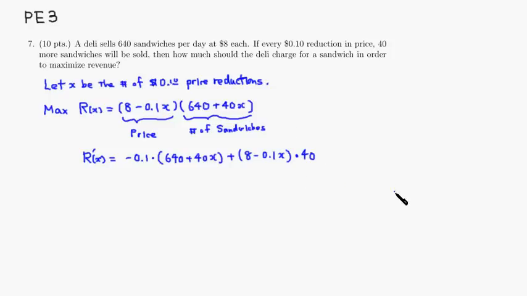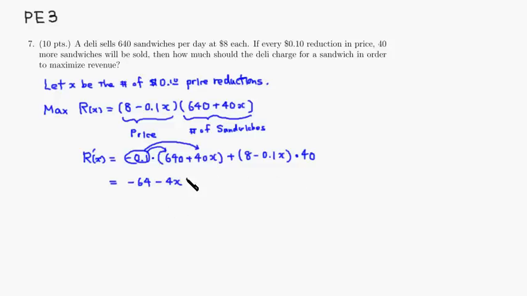We want to set that equal to 0, but before we do that, maybe we should simplify. We distribute negative 0.1 to 640, which is negative 64. Then distribute negative 0.1 to 40x, which is negative 4x.